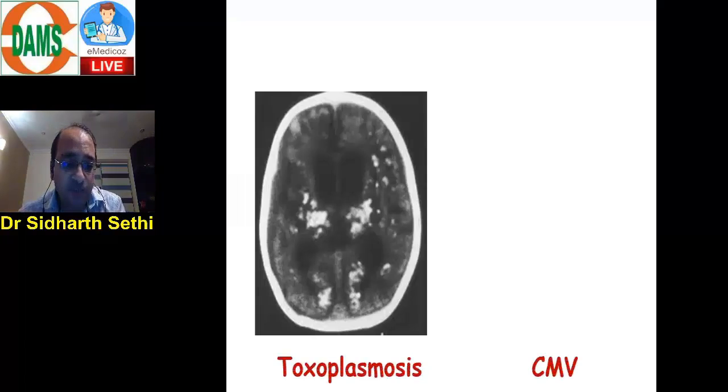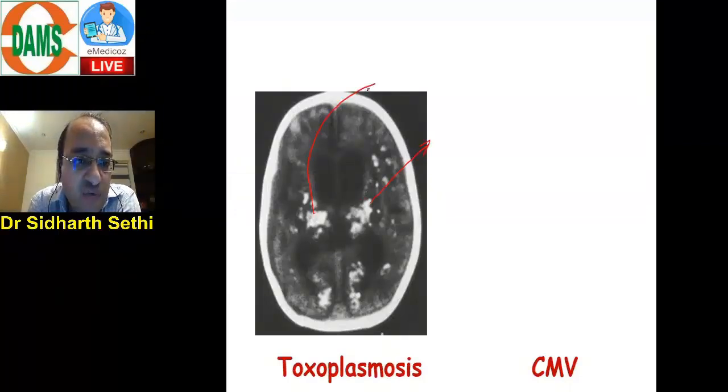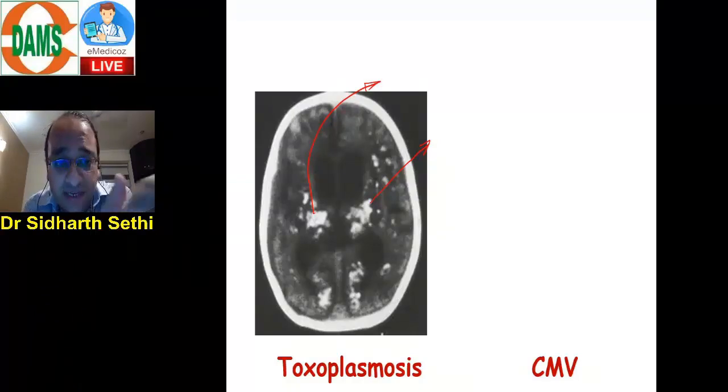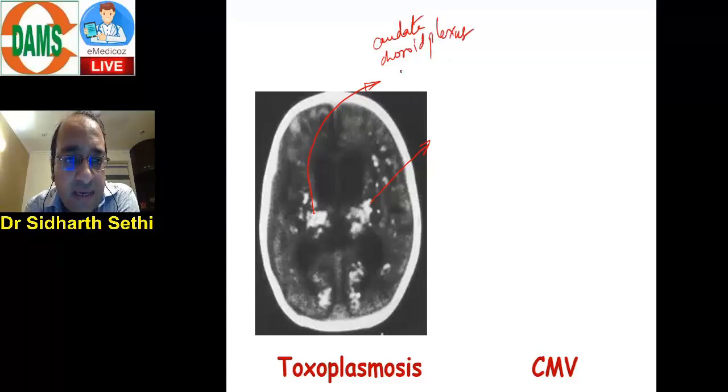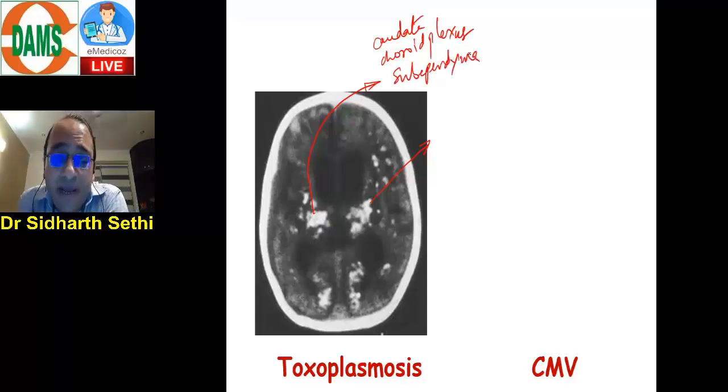What is classic about toxoplasmosis is the site of these calcifications: caudate nucleus, choroid plexus, subependyma, and they can block the aqueduct.